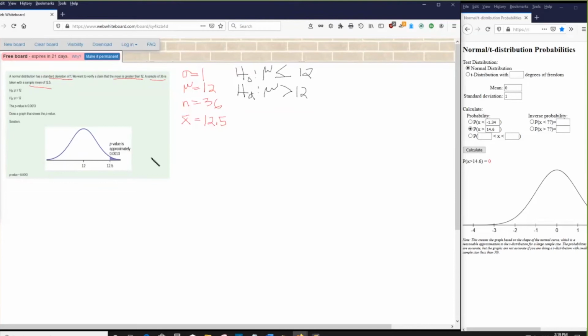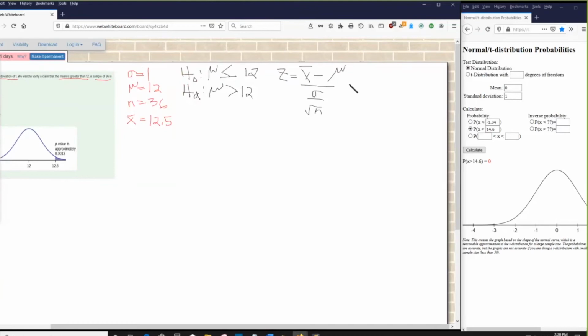So first we're going to calculate our z value, which is the sample mean minus the population mean, divided by the standard deviation over the square root of the sample size.